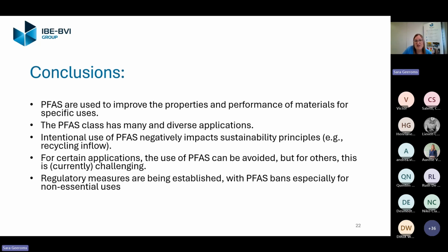For certain applications, the use of PFAS can be avoided, or PFAS can be replaced by other chemicals, but for others, this is currently a bit challenging. Regulatory measures are being established with PFAS bans, especially for non-essential uses.